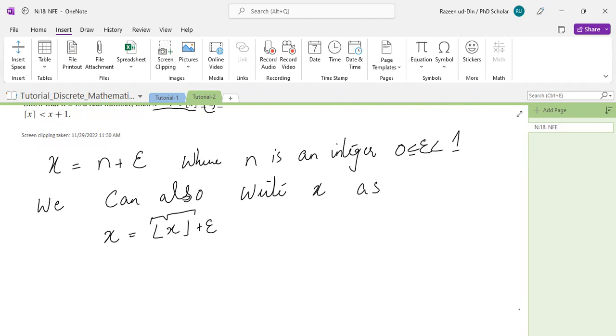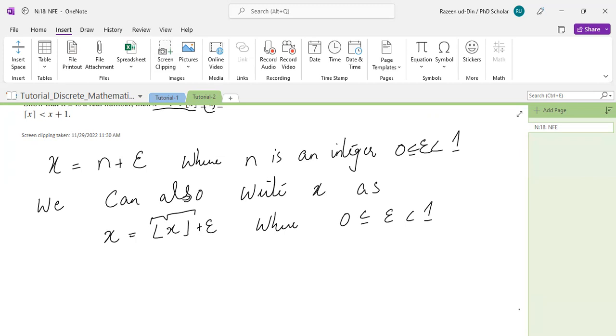And here again epsilon is between 0 and 1. So this is by definition of the floor function.